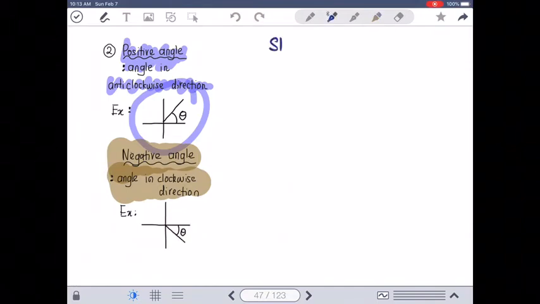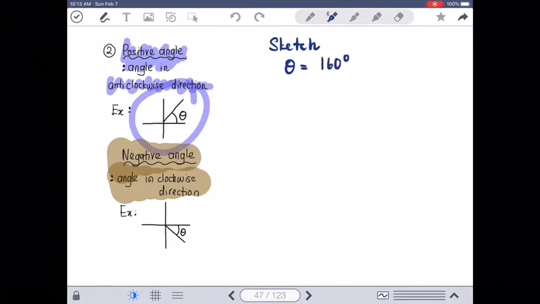Let us just sketch theta equals maybe 160 degrees. This one is 90 degrees, 90 degrees, 90 degrees, 90 degrees. You should know that the total in one circle is 360 degrees.